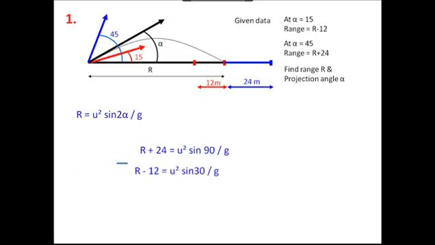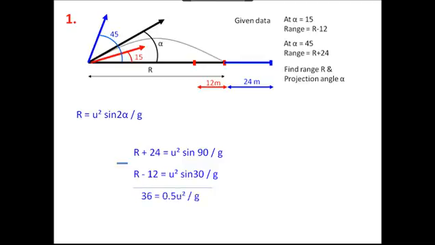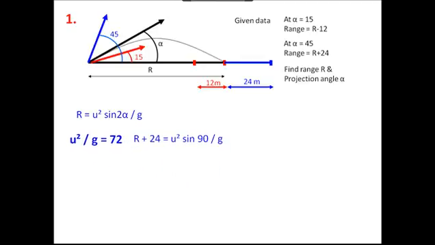Now, you can solve the last two equations, and you can subtract actually top equation from the bottom. What you land up is finding out u square by g, which is 72, which we use again for this equation, R plus 24 is u square sine 90 by g, and therefore from here we can get value of R, that the correct range is really 48 meters.